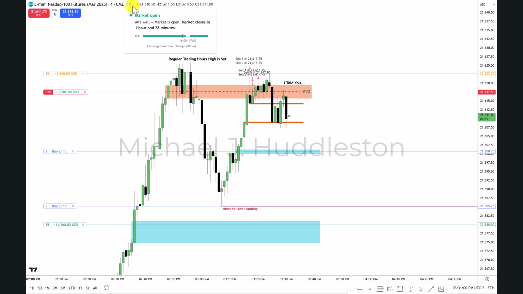Now, they might deliver price back up into that inversion fair value gap and bait them into taking that buy and hoping it's going to break out to a higher high. But I think they're going to do a rug pull and go down into that blue shaded area and maybe even lower. But I'm going to use the low hanging fruit objective of getting out at the high of that blue shaded area down here.